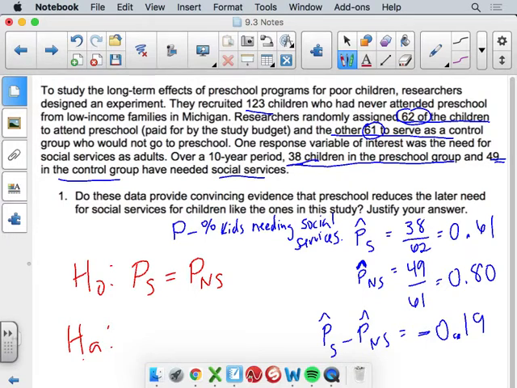And then our alternative: does this provide evidence that preschool reduces the later need for services? P is the percent needing social services, so reduced would mean we think school is less than no school: the true proportion of school is less than the true proportion of no school.